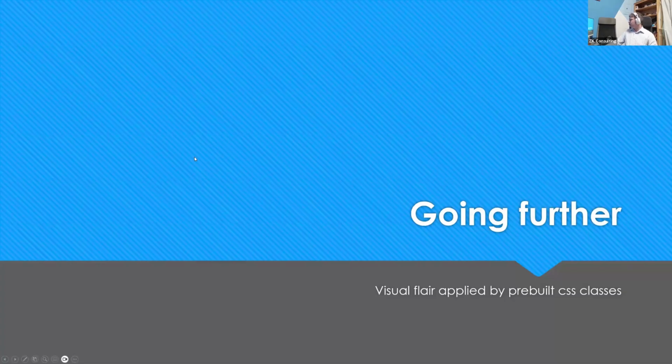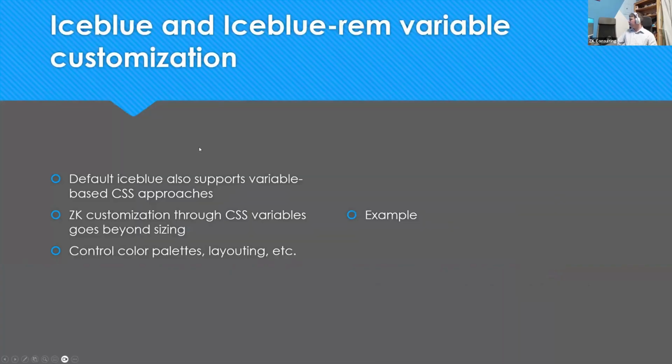Let's go a little bit further. We have Iceblue-REM and Iceblue Classic variable customization. Iceblue, the regular Iceblue package, already contains CSS variable definitions. So this is not limited to just Iceblue-REM. Iceblue-REM comes with the additional pre-built REM selectors.